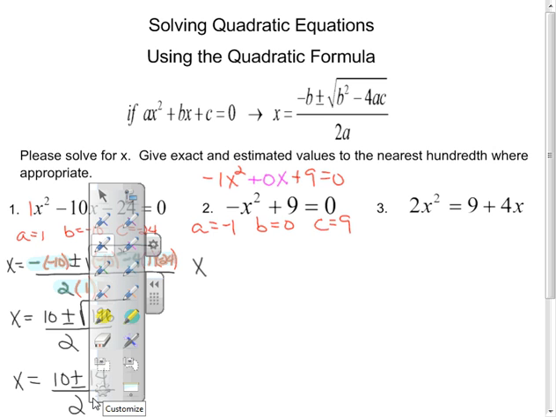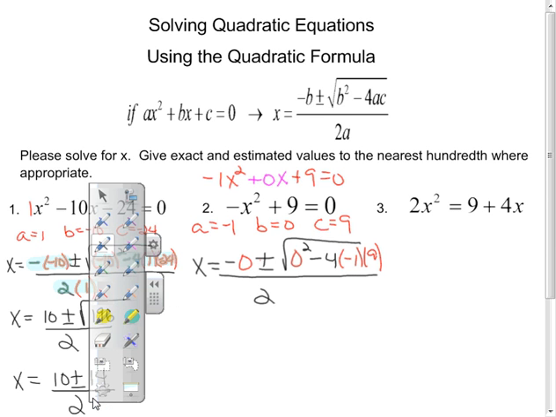Just go x equals the opposite of 0 plus or minus the square root of the quantity 0 squared minus 4 times a, which is negative 1, times c, which is 9. All divided by 2 times a, which is negative 1.